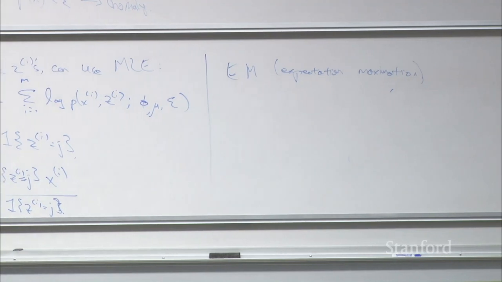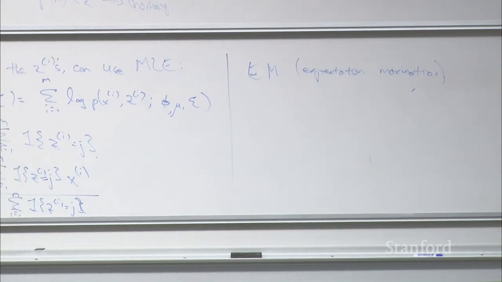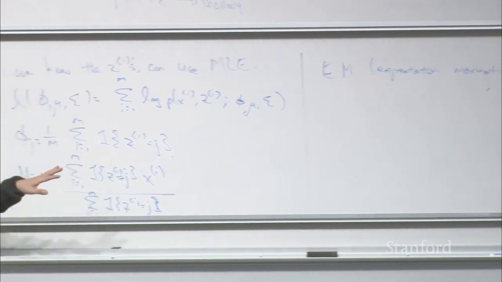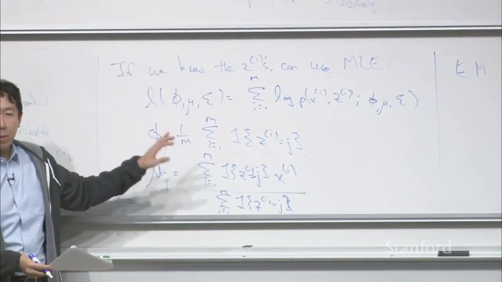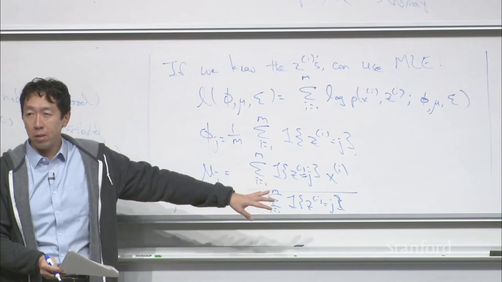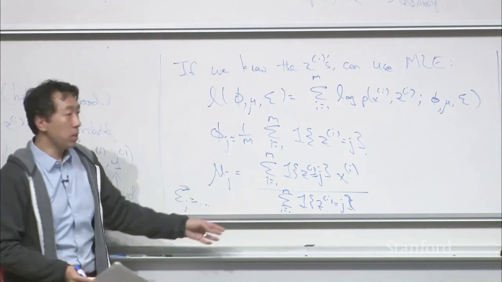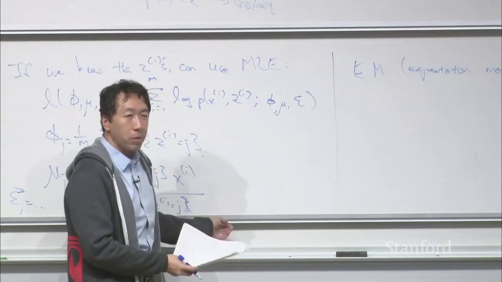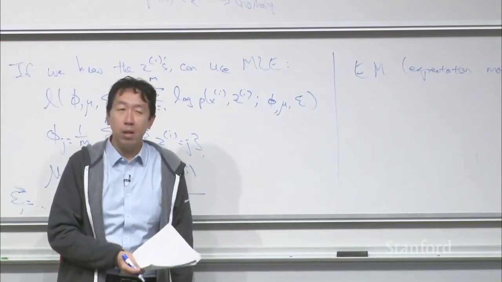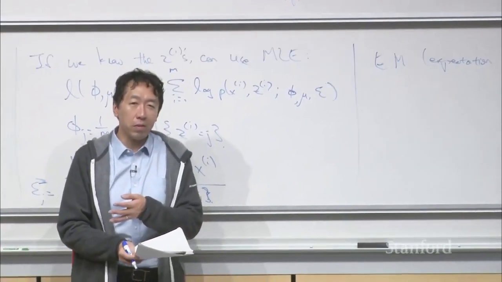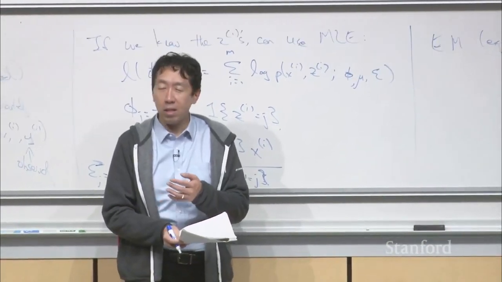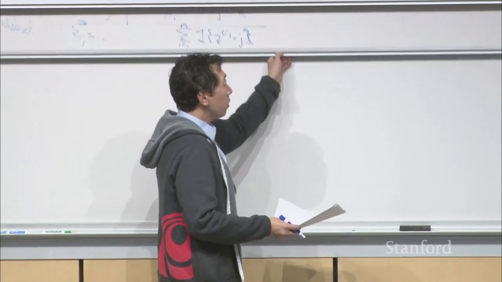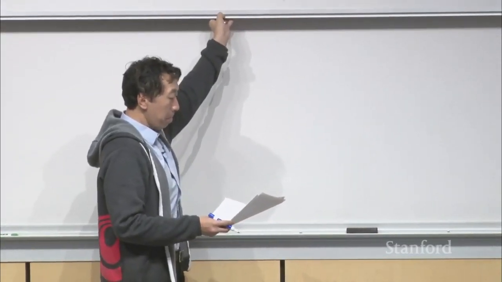In the first step, we will guess the value of the z's, and in the second step, we will use these equations using the values of the z's we just guessed. Sometimes in machine learning we call this a bootstrap procedure, where you guess something, then run an algorithm using your guesses, and then you update your guesses, and then run the algorithm again. Let me make that concrete by writing this down.